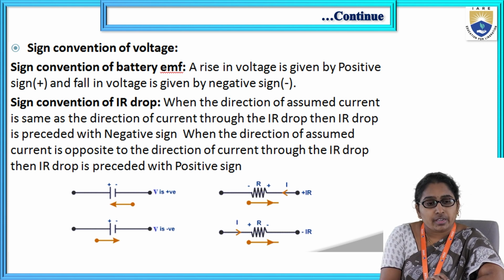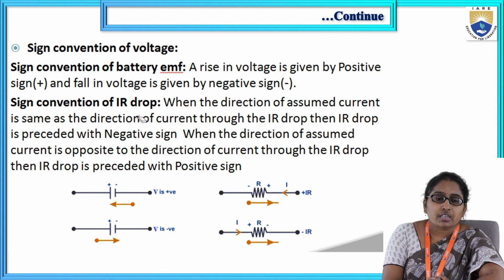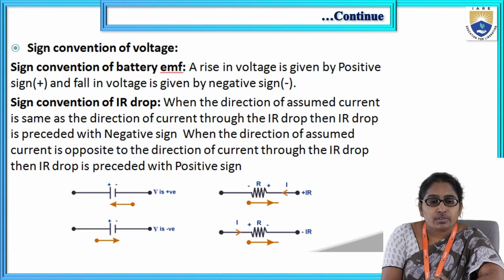Across these elements R, L, C, we have a voltage drop. With respect to a resistor, it is IR drop. If it is an inductor, we say I XL drop. If it is a capacitor, I XC drop. Whatever the element may be, just know that there is a voltage drop.